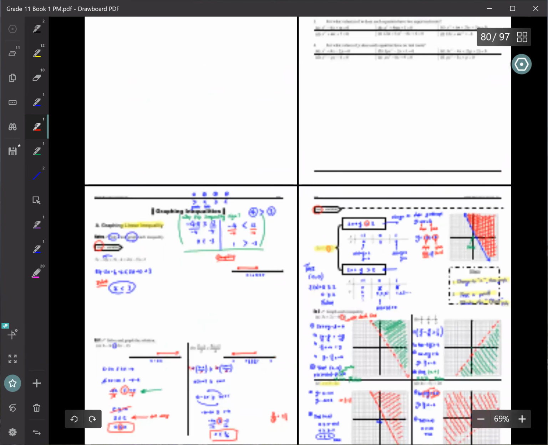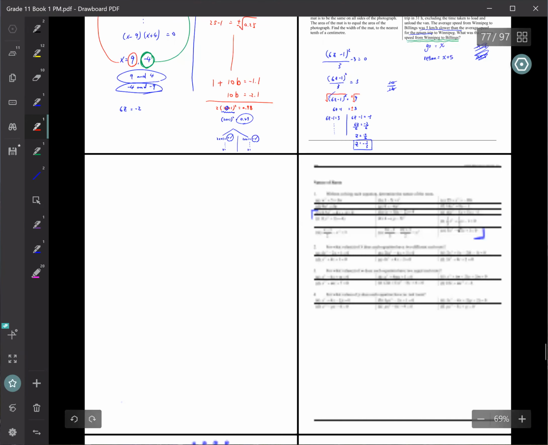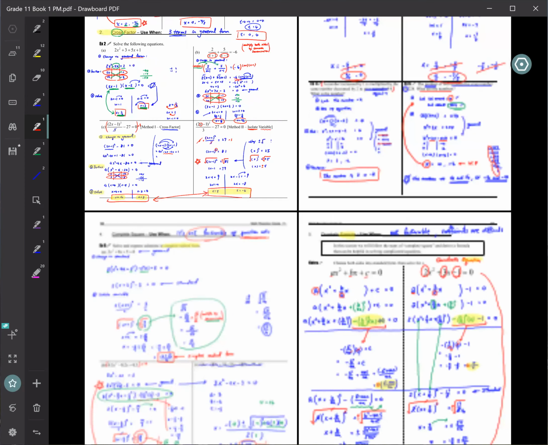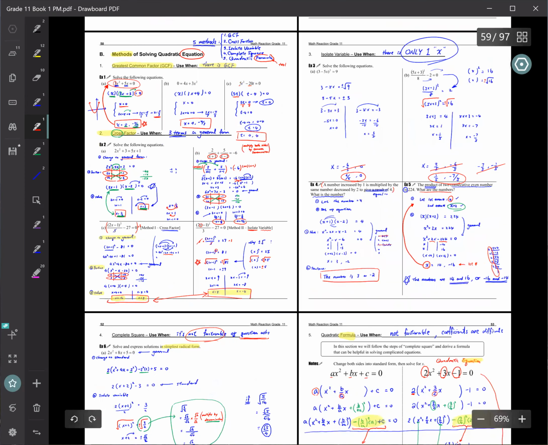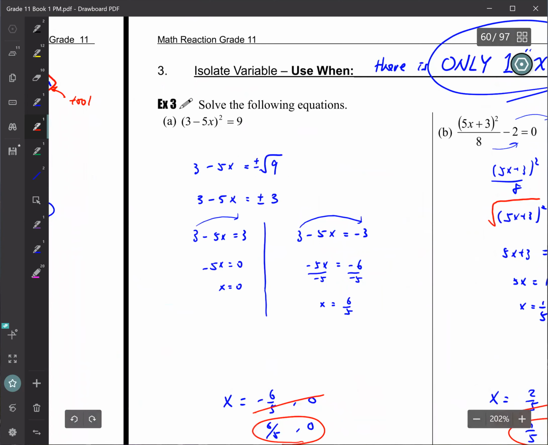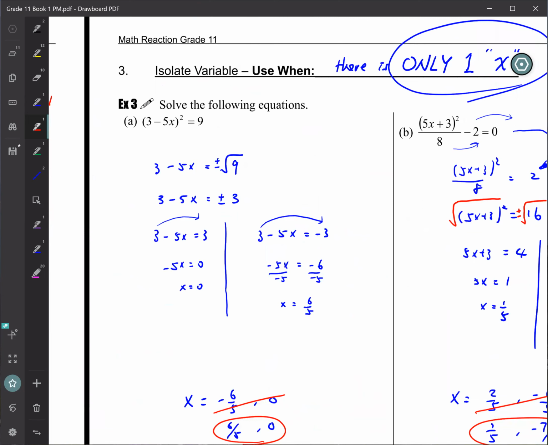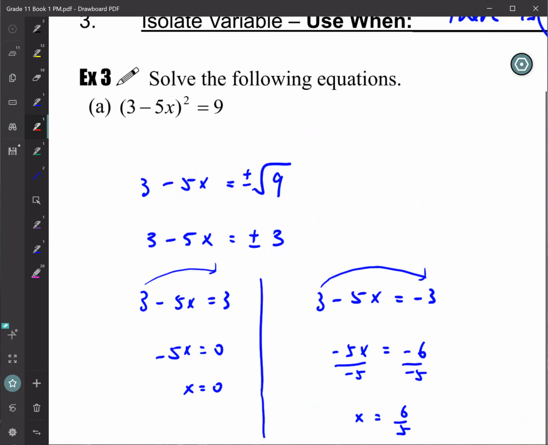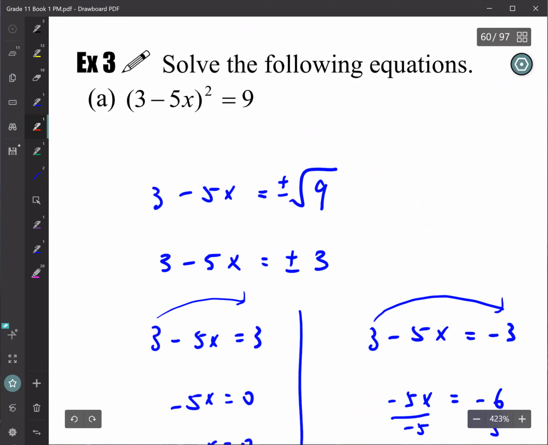This is called inequality. Isolate variable, and that's what we are doing. We're trying to isolate x. So look at the example here. You have a square. If you square root both sides, remember you need to have plus or minus.